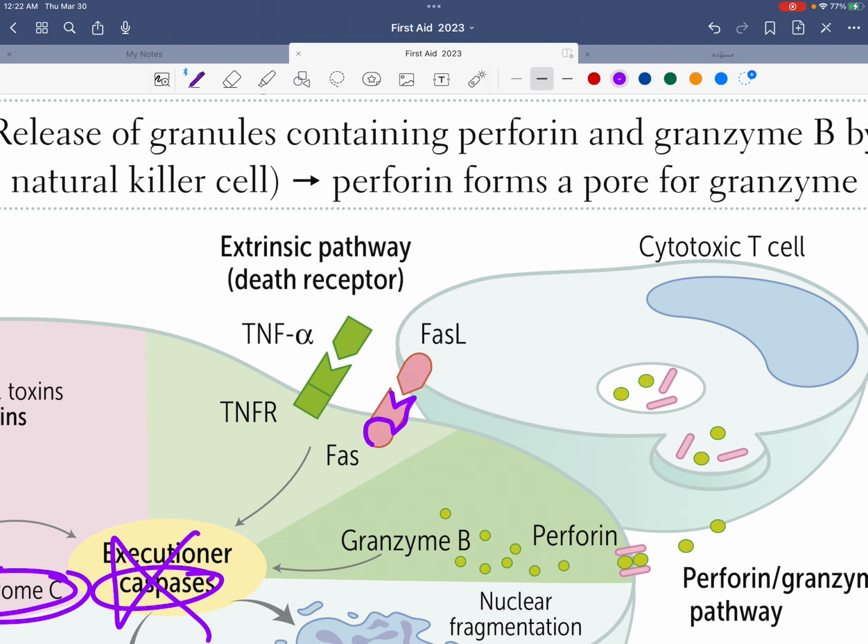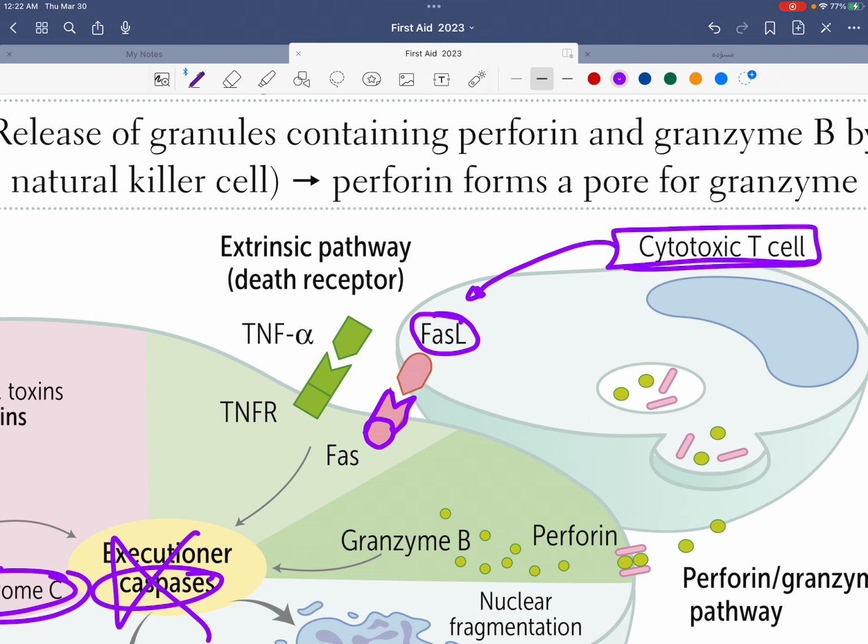One receptor is called FAS, and what binds to it is the FAS ligand. By the way, the FAS ligand is coming from cytotoxic T cells. And we know that cytotoxic T cells usually are going to kill.